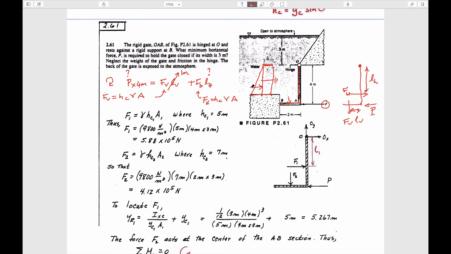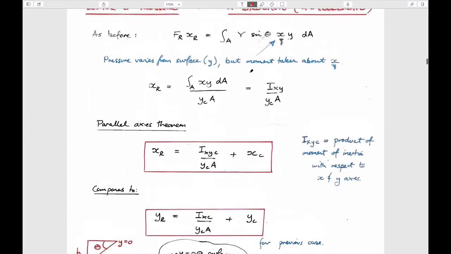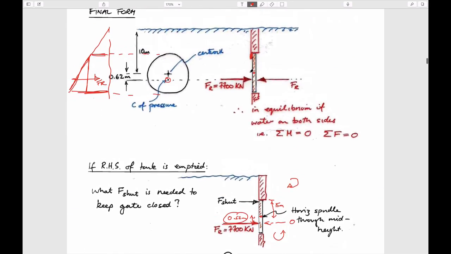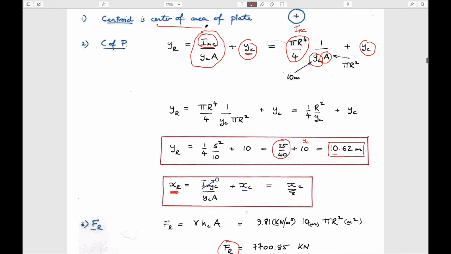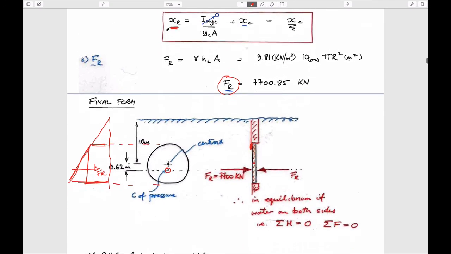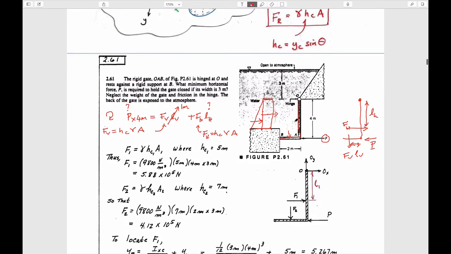But it's somewhere between those. And so what you have to use then is the same formula we used for the gate, to be able to calculate y sub r. So you need to calculate y sub r along here. And if you know y sub r, then you know what LH is by subtraction.